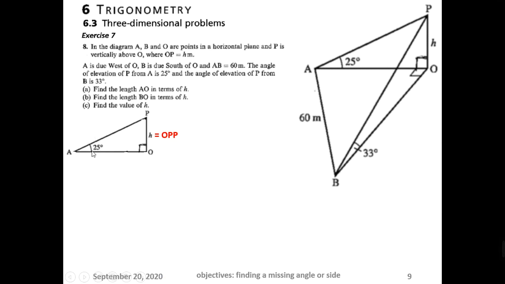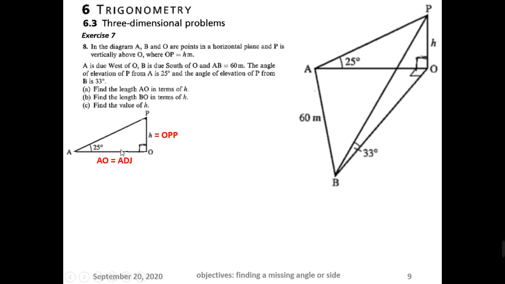According to this known angle, H is the opposite side. OA is the adjacent side, and that's what we are trying to find. PA is right across the 90-degree angle, so it is my hypotenuse.